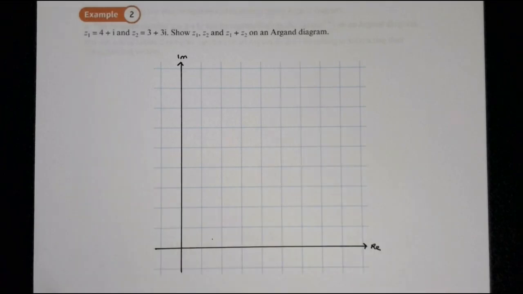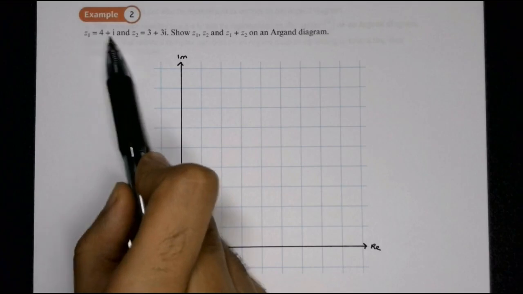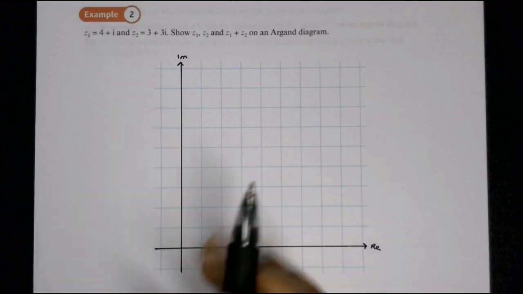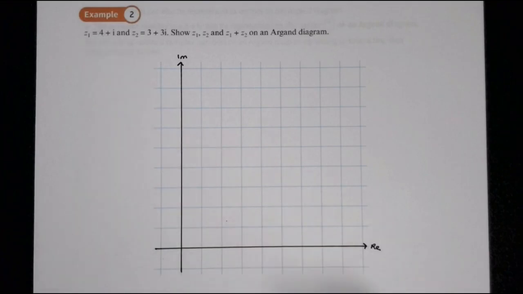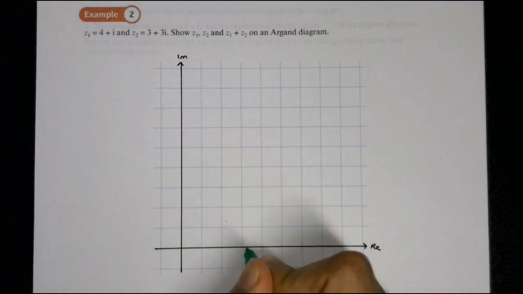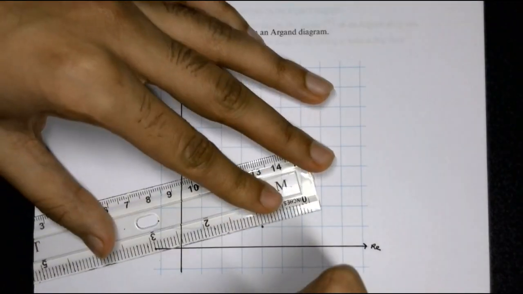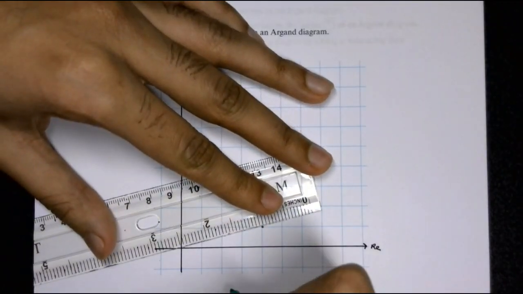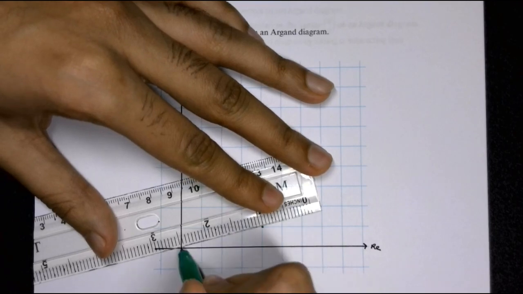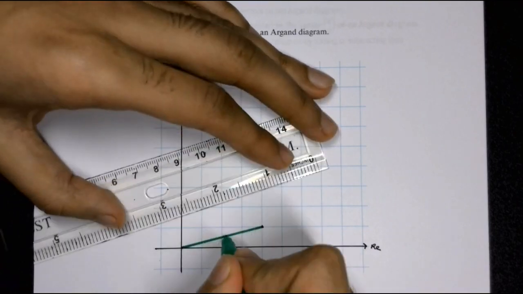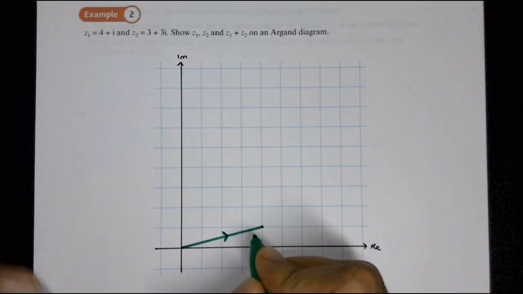So first of all, if we show z1, 4 across, 1 up, you can see z1, that goes over here. So if we were to show this as a vector, we have here z1.